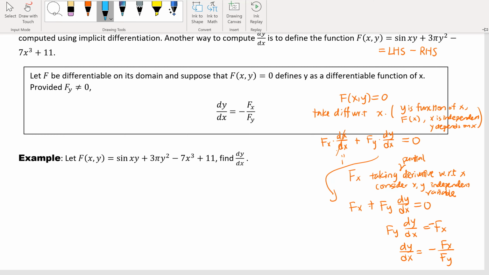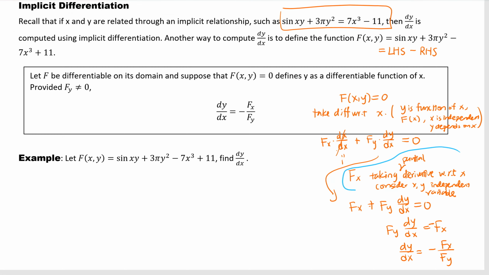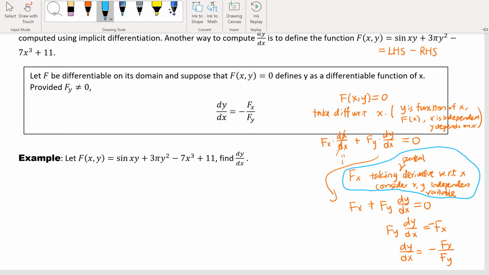I'm afraid you're confused, so I put it this way: here we take the ordinary derivative with respect to x, and here this guy is taking the partial derivative with respect to x. Okay, let's continue.